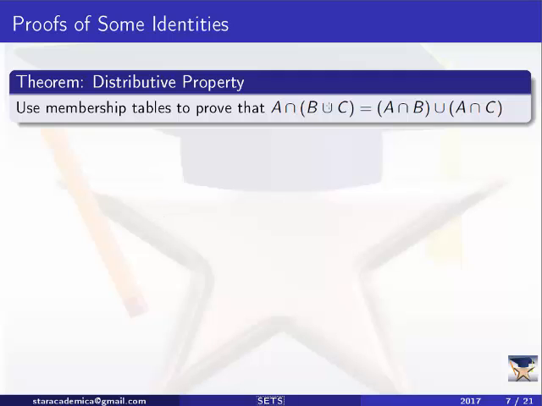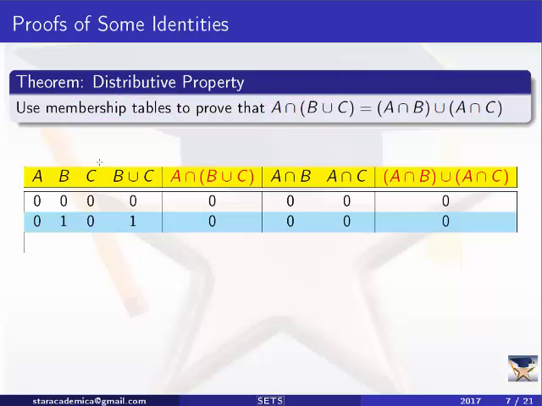Okay, now we have another property. This is the distributive property, and this time we are going to give another way of proof. The proof will rely on membership tables. So we take this A, B, and C, quite similar to the logical tables.